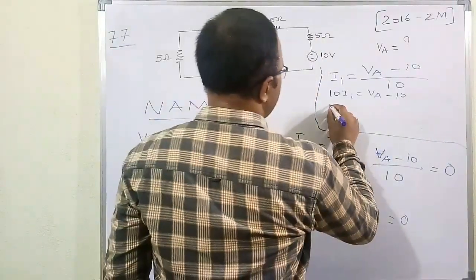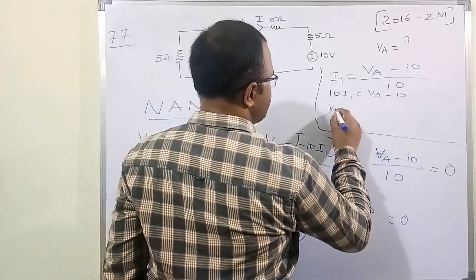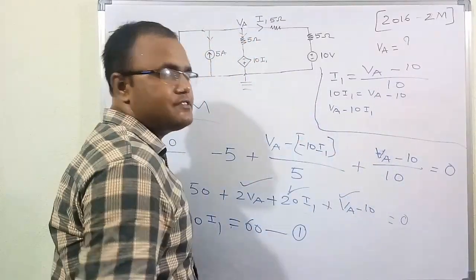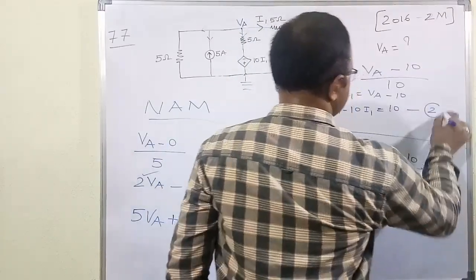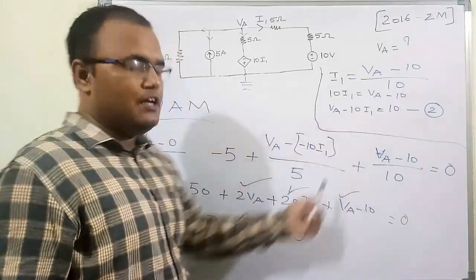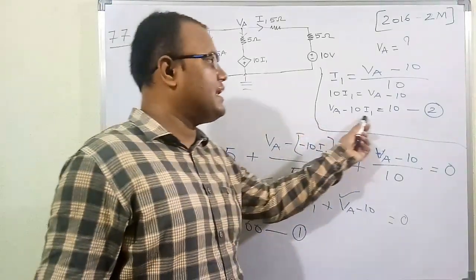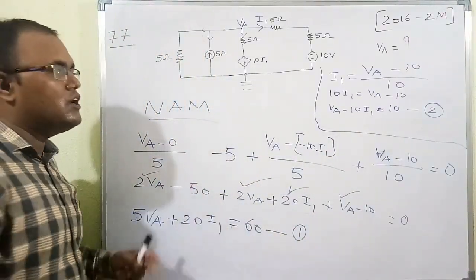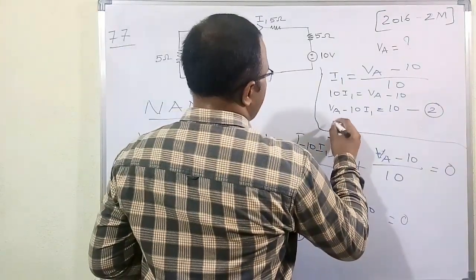So Va, if I take 10 I1 to the right side, Va minus 10 I1, and if I take 10 to the left side, it will become equal to 10. This is the second equation. If you see carefully, we have two equations and two unknown parameters, which are Va and I1. After solving the two equations with two unknowns, we finally get Va.